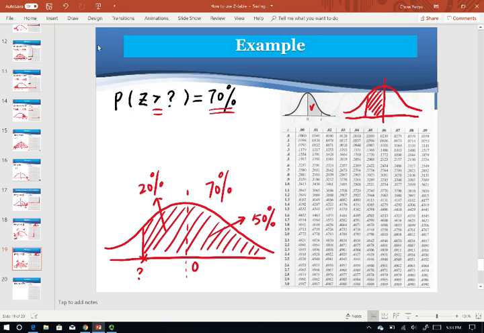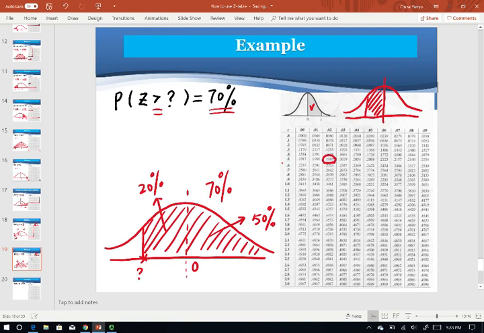Which means we need to look inside the table and find 0.2. Let's see, the closest one to 0.2 should be this number.